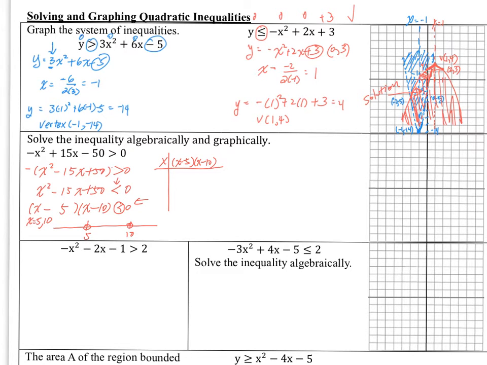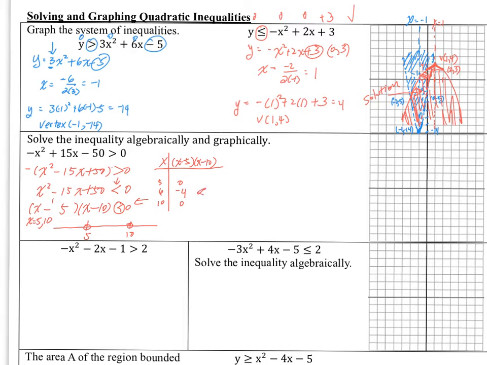So I'm going to first test the number 6. And when I get 6, that would be negative 4. So I know 5 will be 0, 10 will be 0. Great, negative 4.